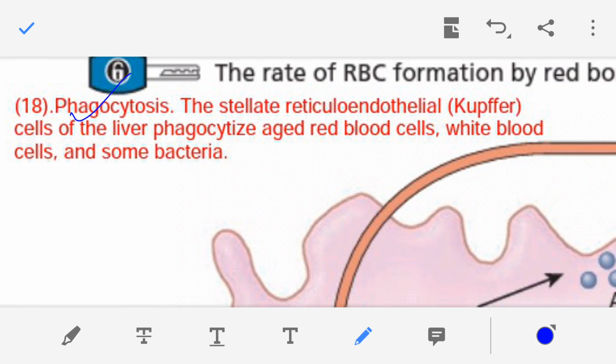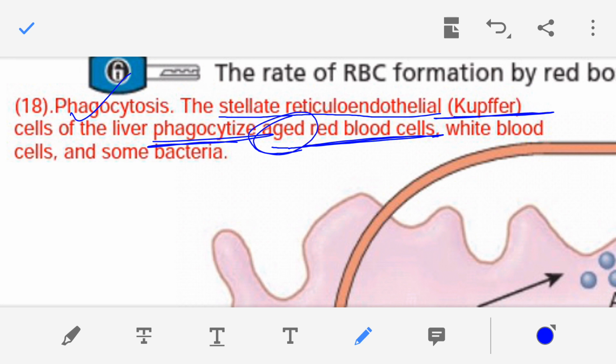Then the phagocytic function of the liver. In the liver, stellate reticuloendothelial cells, that is the Kupffer cells, are present, and these cells phagocytose red blood cells which are aged. So liver cells are destroying, breaking down the old RBCs.